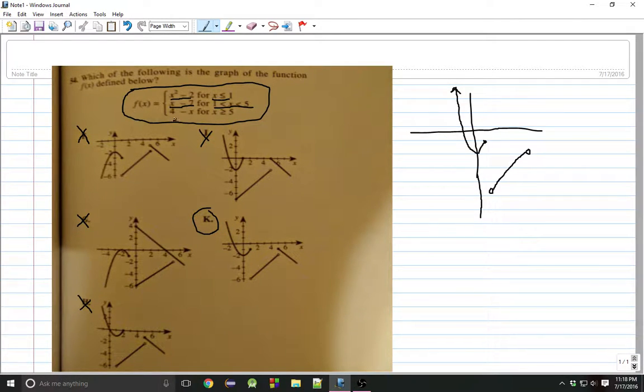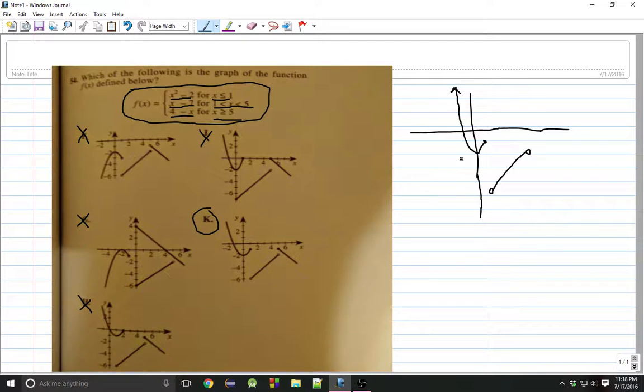Now let's just check to make sure. 4 minus x for the domain x is greater than or equal to 5. We know this is going to go downwards, and we also know that this graph and this graph both start at 5. So they're both going to be in line. So that could be either J or K.